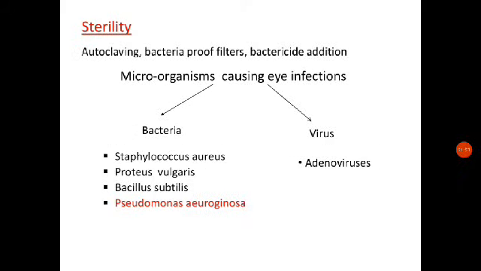So sterility, we are mainly focused on the presence of bacteria, so they can be prevented by autoclaving or by filtration or by addition of antibacterial agents, that is bacteriostatic agents.